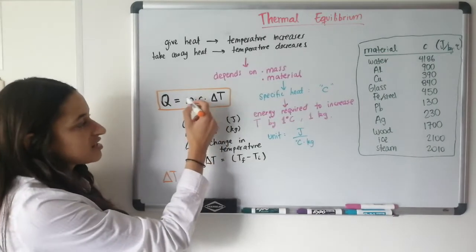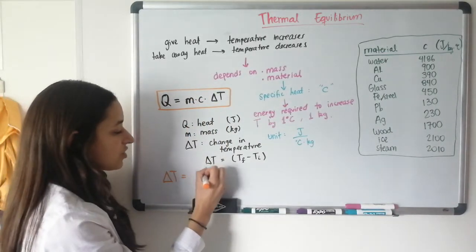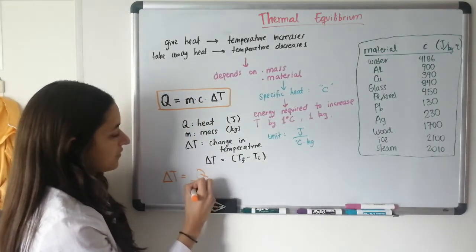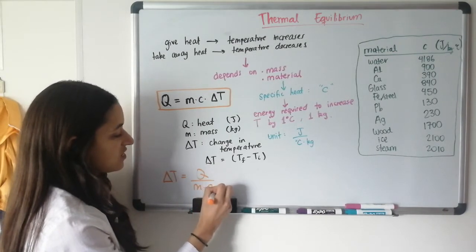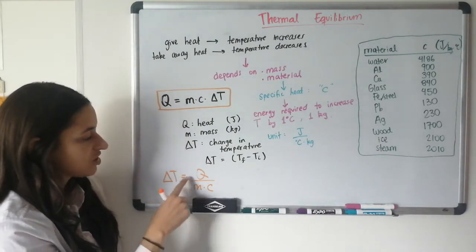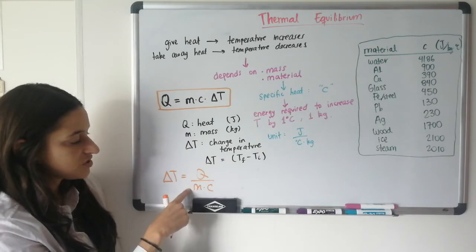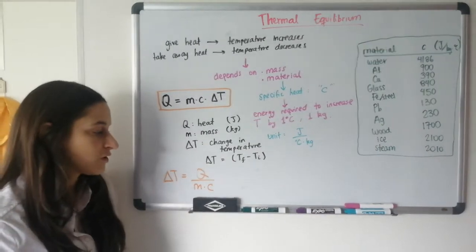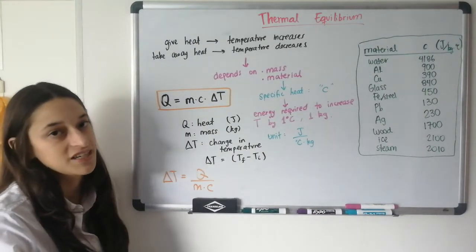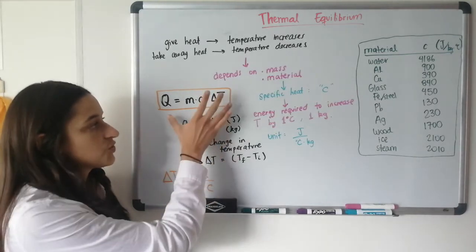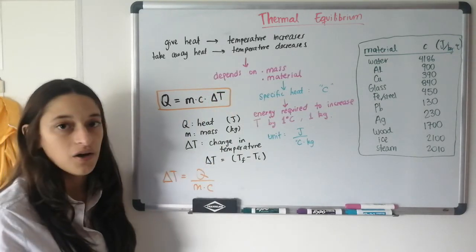You pass these two to divide, and you do Q over M times C. So the temperature change is the heat that you put into it over the mass over the specific heat. That's how you use this equation.